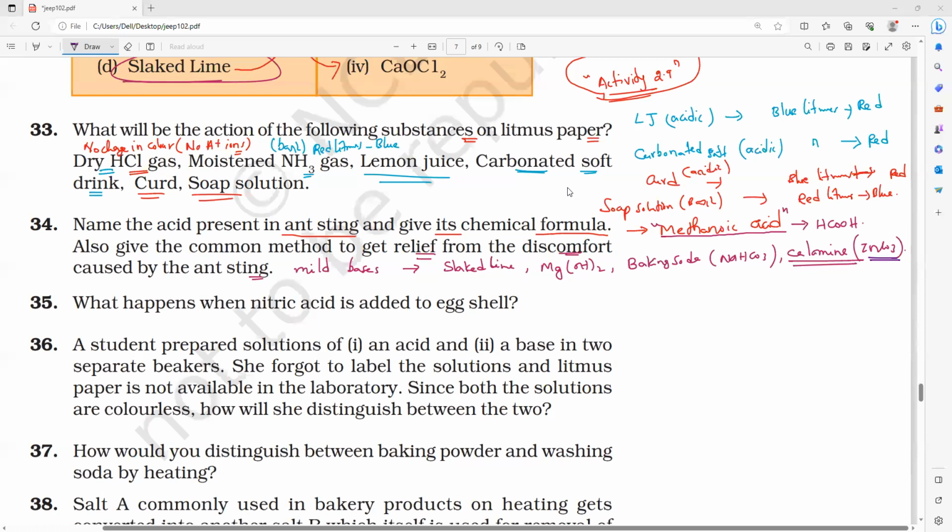Calcium hydrogen carbonate is different. Please learn, we have only two things. Hydrogen carbonate or bicarbonate. Sodium hydrogen carbonate, baking soda formula, NaHCO3. Calcium hydrogen carbonate formula is Ca(HCO3)2. These are the only two hydrogen carbonates you have for the whole of class 10.